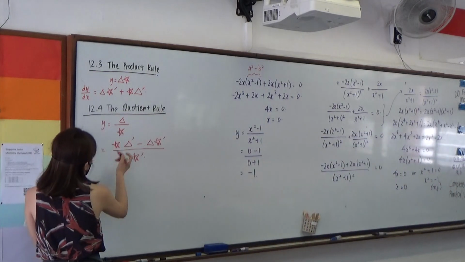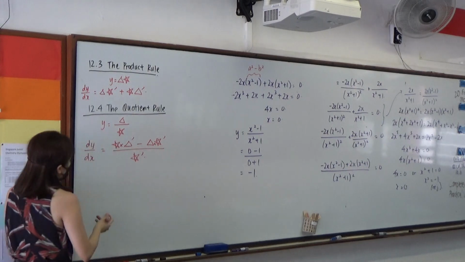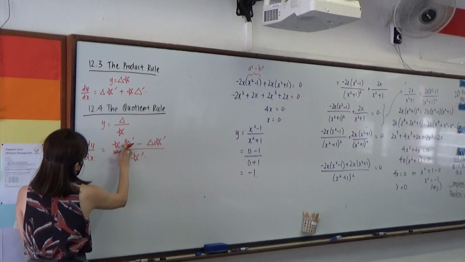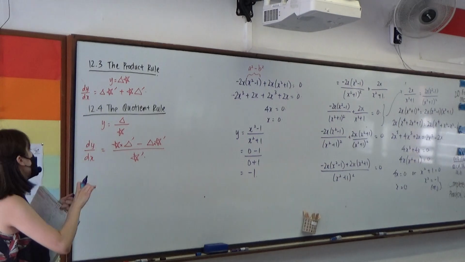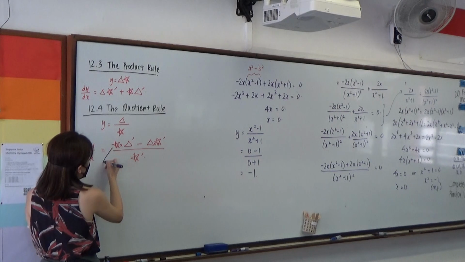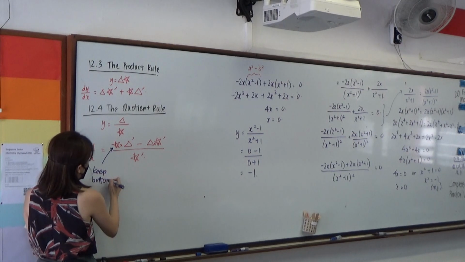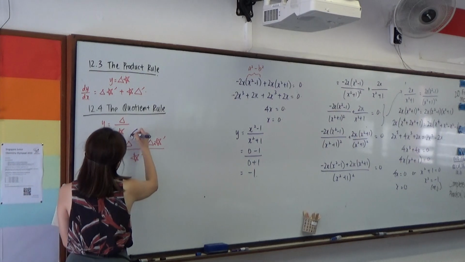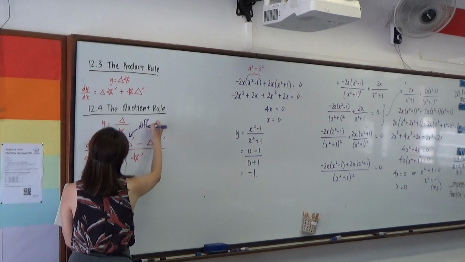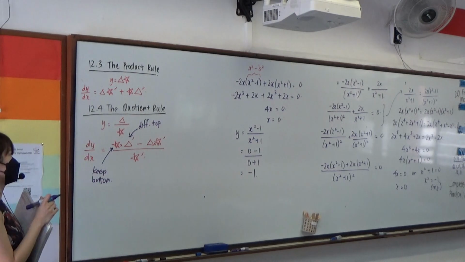Okay, these are multiplication. So you must always keep the bottom first. That means keep the bottom as the same thing, and then after that differentiate the top of the fraction.